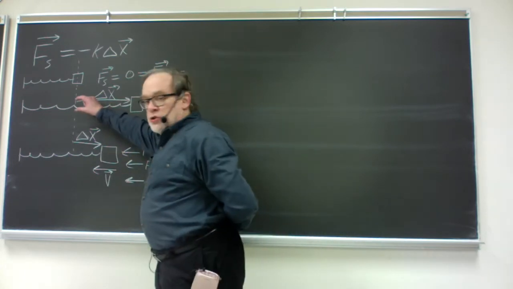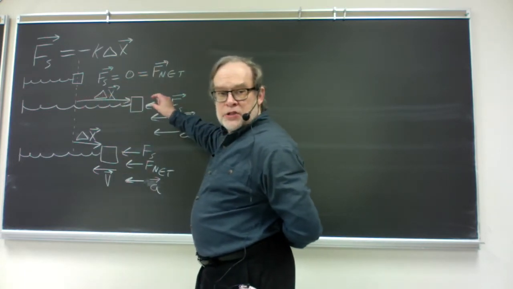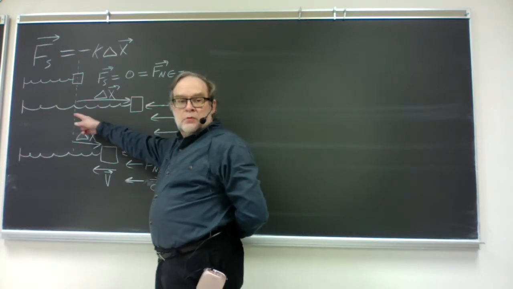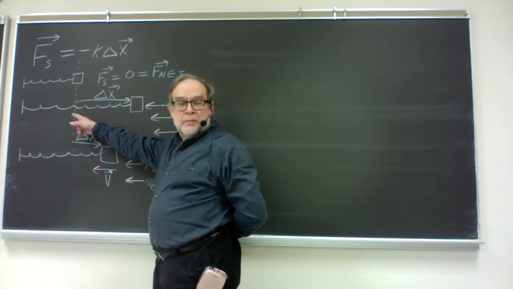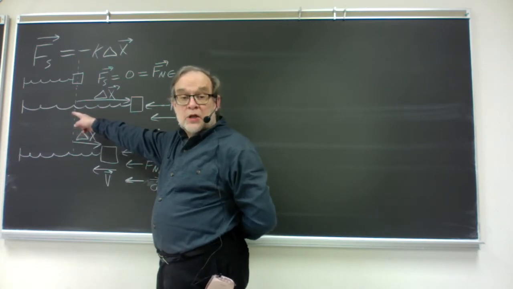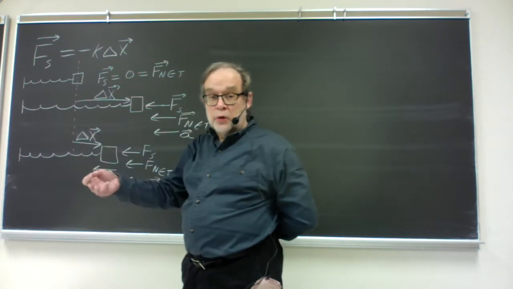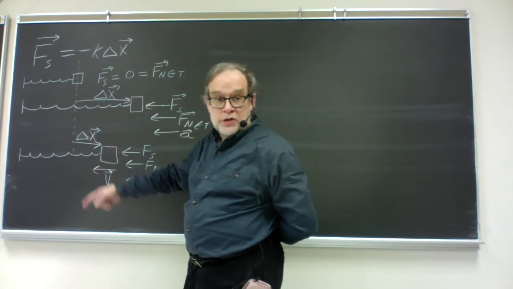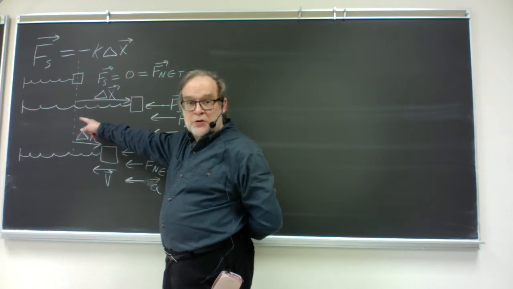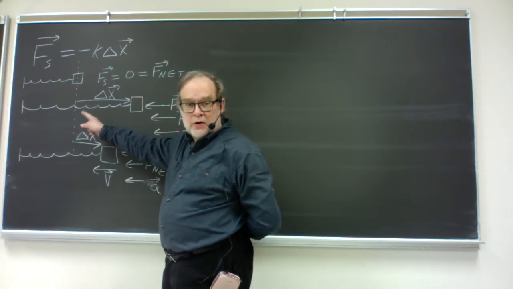Now, imagine stretching the spring by pulling the mass to the right. What have we done here? There's now a displacement of the mass away from the equilibrium point. Remember, equilibrium means no net force. When the mass sits here, it feels no net force because the spring force is zero right there.